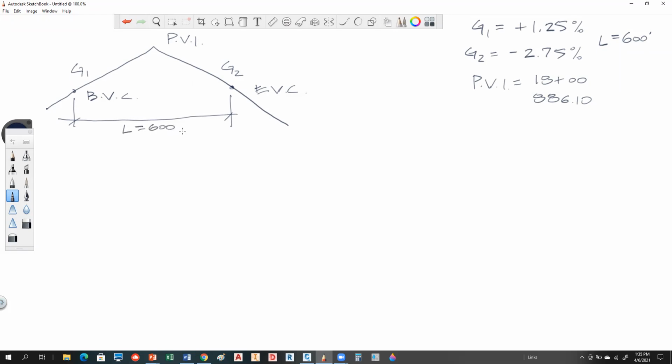Okay. So the first step in any problem like this is to solve the BVC information and the EVC, okay? So for the BVC, the station for the BVC is going to be equal to the station of the PVI minus half of L. Because the distance from here back is half of L. Does everybody see that?